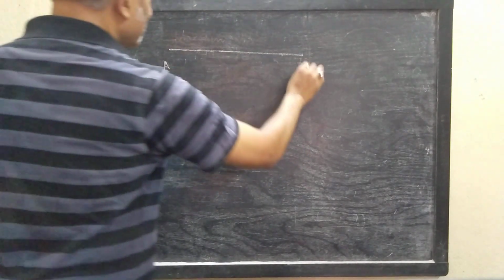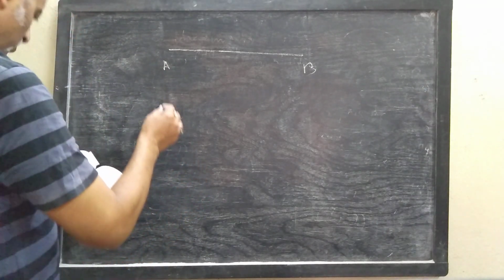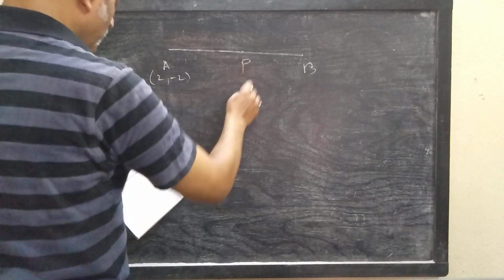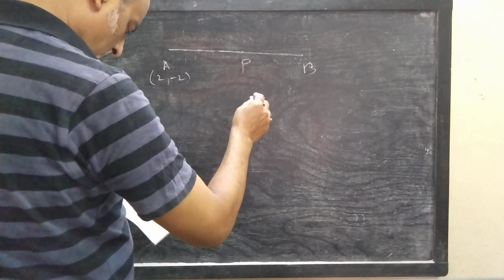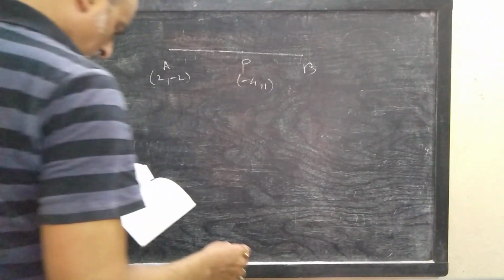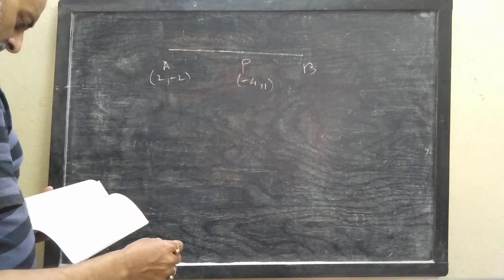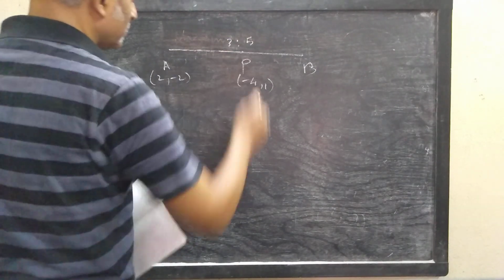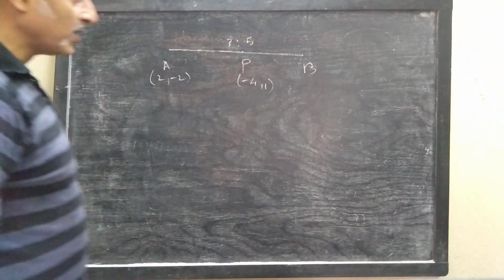Here is A, here is B. You know the coordinates of A, (2, minus 2). You know the coordinates of the point P, which is (minus 4, 1). P divides AB internally in the ratio 3:5. You are asked to find the coordinates of B.